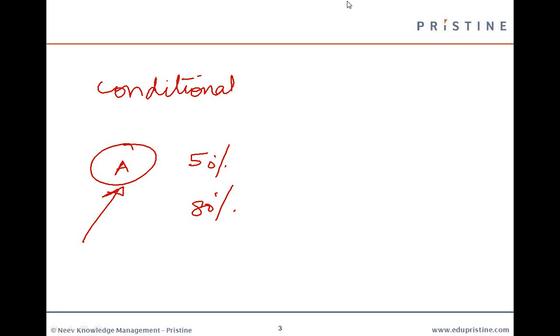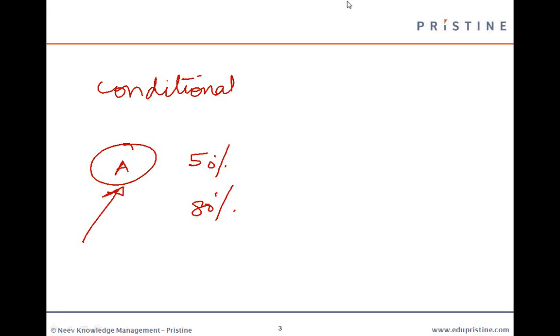Mathematically, how we represent it is, if A represents a random event, P of A represents the probability of getting A. Let's say P of A represents the probability that India beats England. Then this is called unconditional probability, that is, a probability that you're talking about in the absence of any condition. P of A given B is called conditional probability.